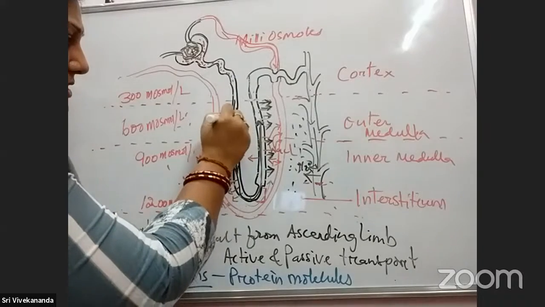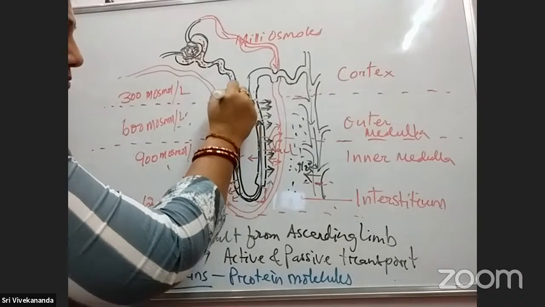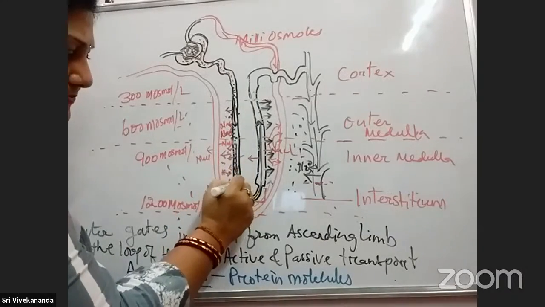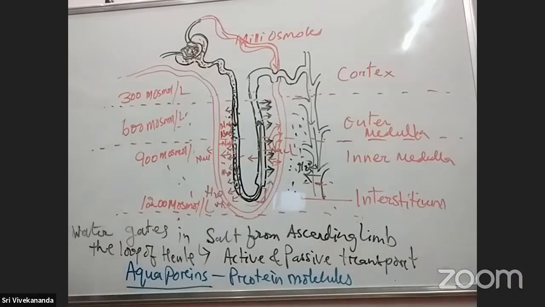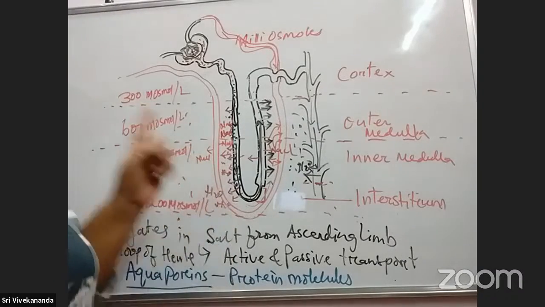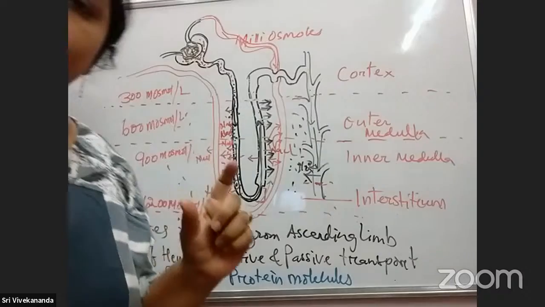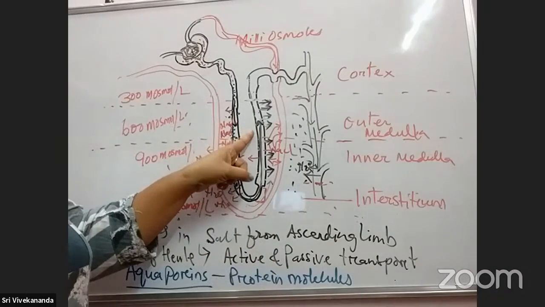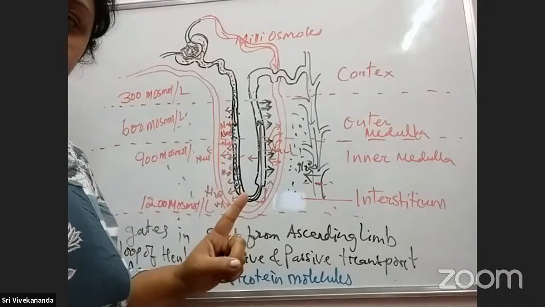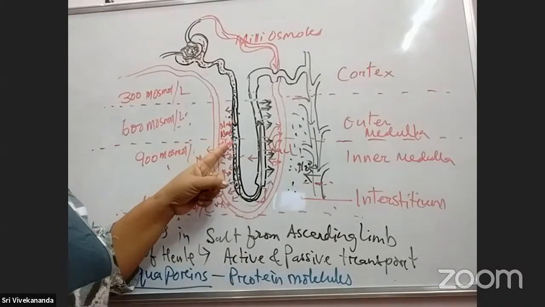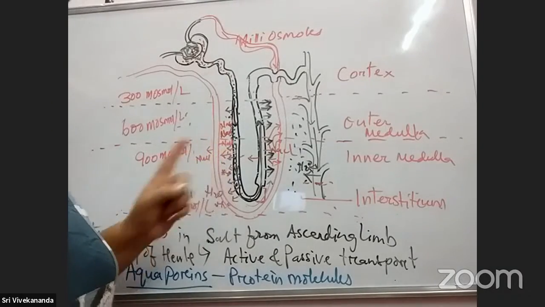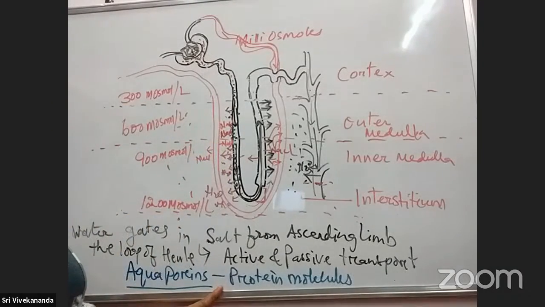Here you find the aquaporins on the membrane of the cells of the descending limb, but zero aquaporin on the ascending limb. So why is it permeable to water? Because of the presence of aquaporin.